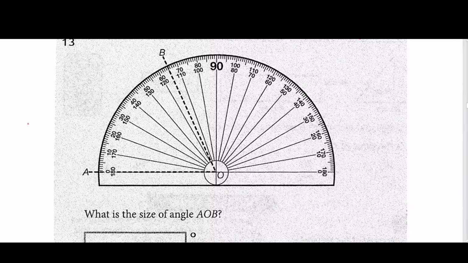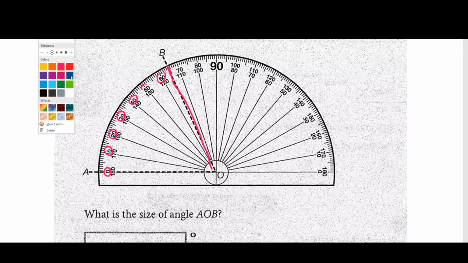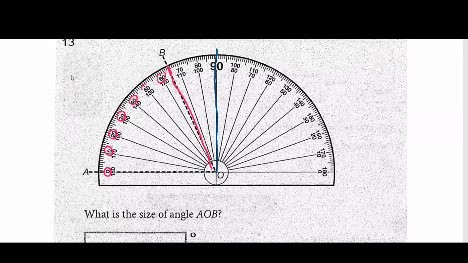Okay, number 13. What is the size of angle AOB? We read it, and it's going to be 65. The way we read it, we read the tops, because these angles are less than 90. So the 90 here is this angle there, okay?